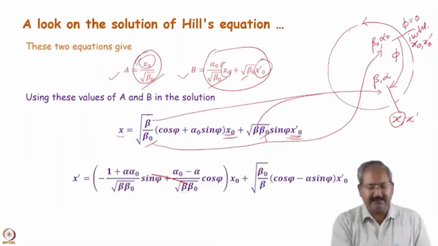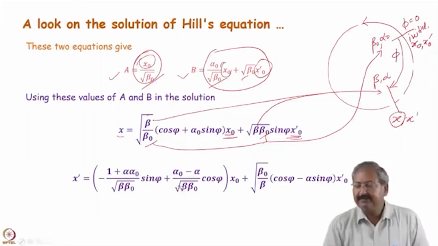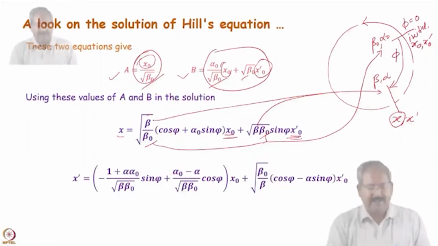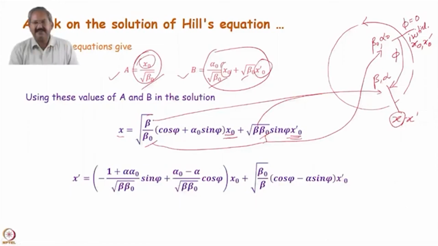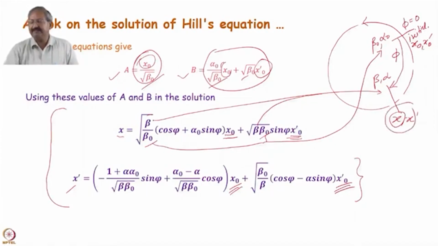Similarly, x prime can also be written down using these values of A and B, and when we do a little bit of algebra, we get this equation. So now these two relations give us the coordinates at another point in terms of the coordinates of the initial point. So this is similar to the transfer matrices.